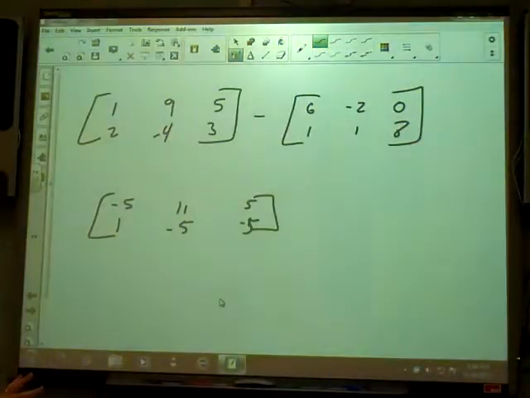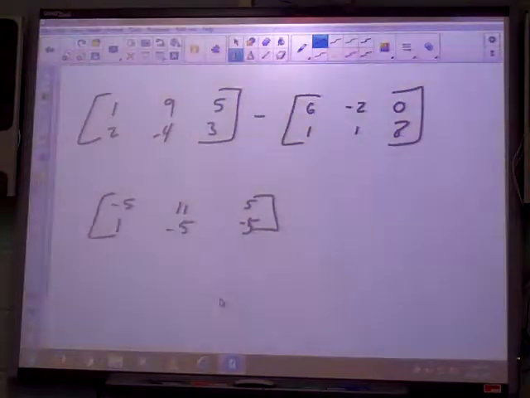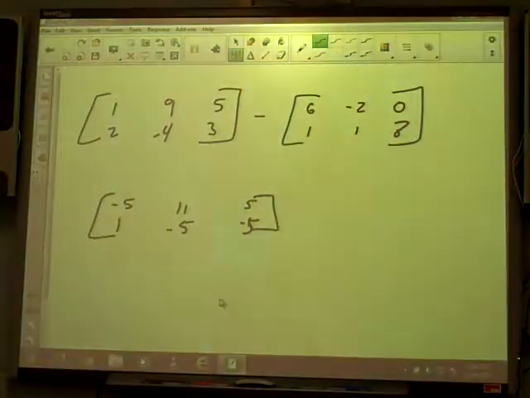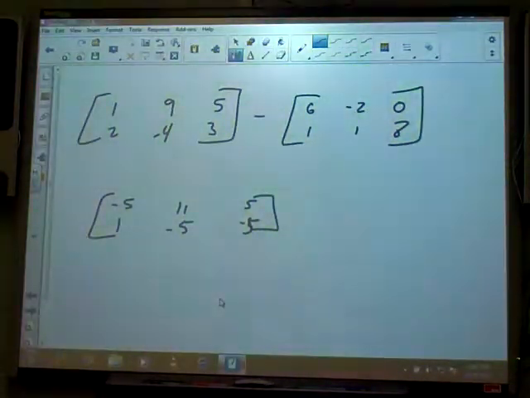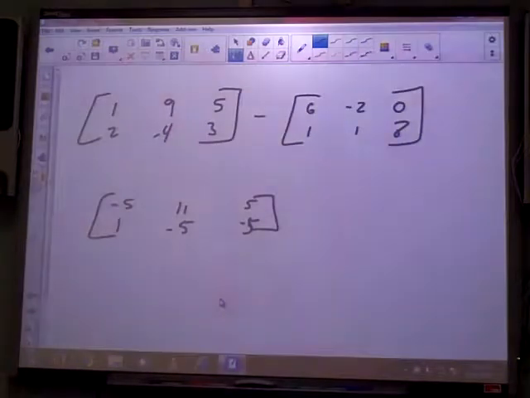When we get to multiplication, though, they get a little bit more involved, and I might use the calculator on some of those. I had people first period adding and subtracting them with their calculator, so you could.